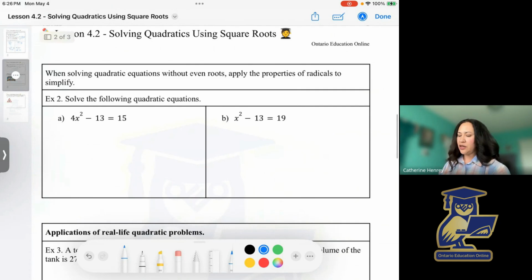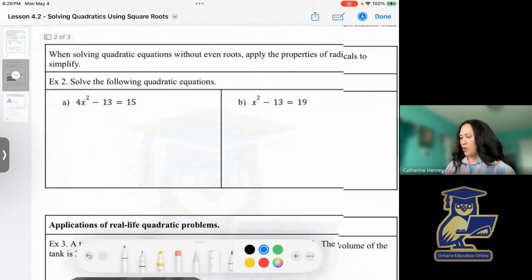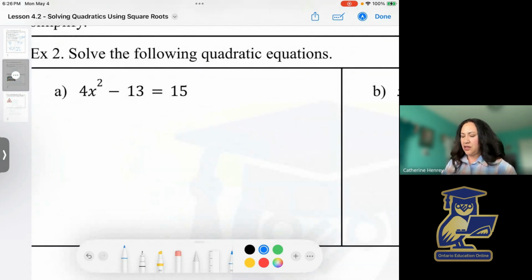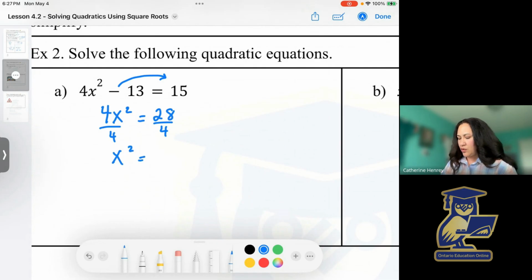So when solving quadratic equations without even roots, apply the properties of radicals to simplify. So going back to what we had before, we have 4x squared minus 13 equals 15. Let's go ahead and move over that negative 13 and it becomes positive. So I have 4x squared is equal to 28. If I divide through by 4, I will get x squared equals 12.